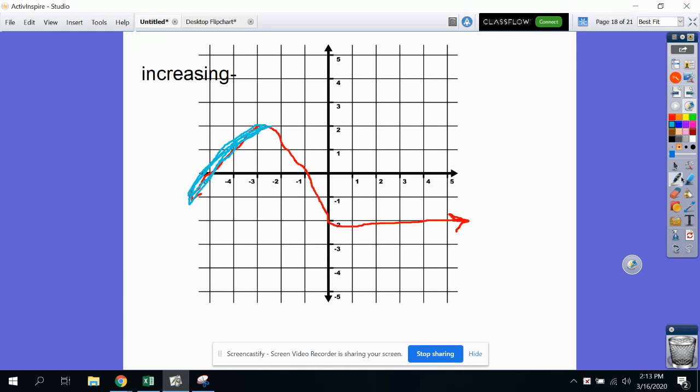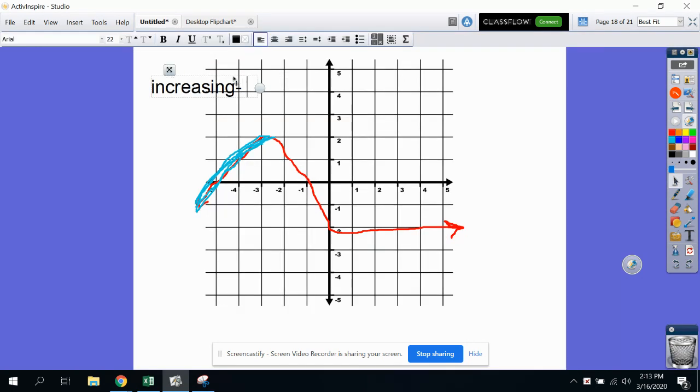So if we're going to write where it's increasing, when it says interval, it just means where. It goes to the left forever, so it's increasing from negative infinity, and it stops increasing right here at -3. So it's increasing from negative infinity to -3.